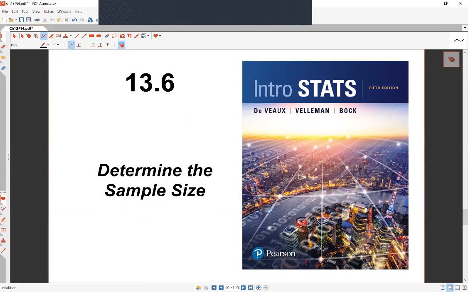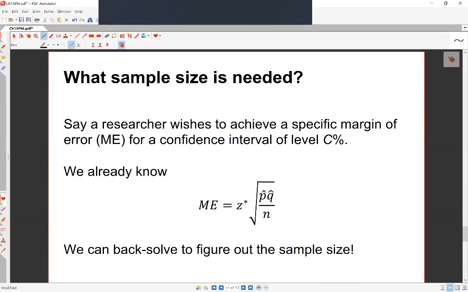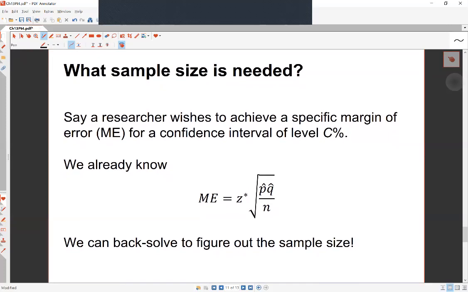And we want to calculate what sample size will result in us having that desired level. So effectively what we have to do is take the equation for margin of error and solve for n in this equation.